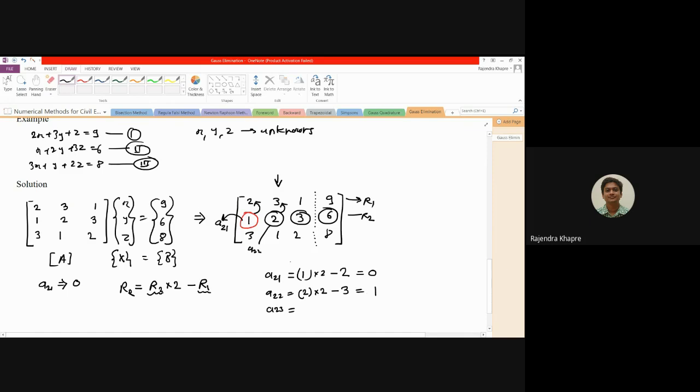Yes, so A23, now I am operating the third column, so this will be something like the same term, so this will be 3 multiplied by 2 minus, what will you get, 1. Okay, so 3 into 2, so this is 6 minus 1, so this will be 5. Now the same has to be done over here also, that is the B matrix.